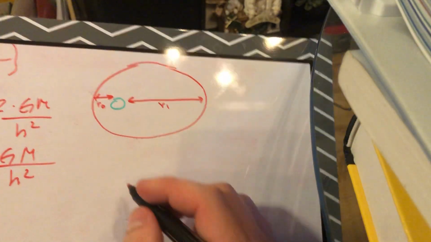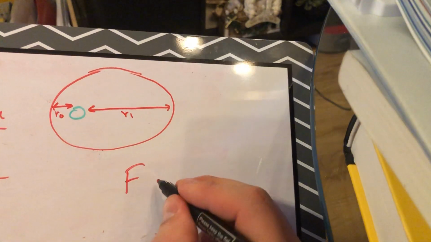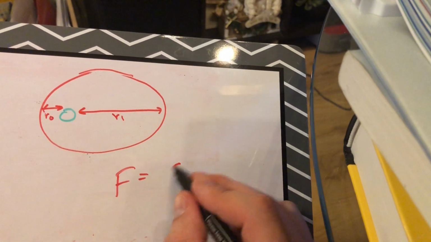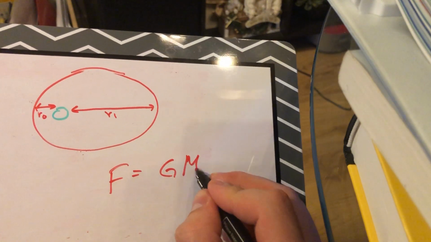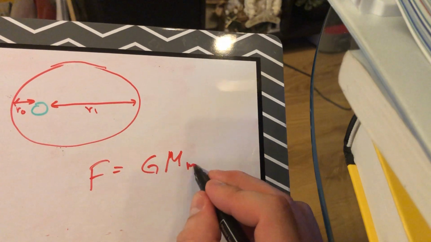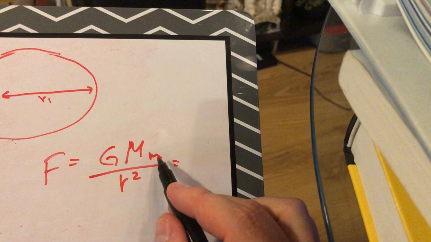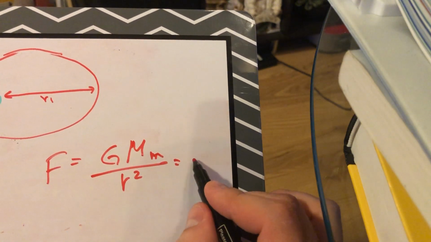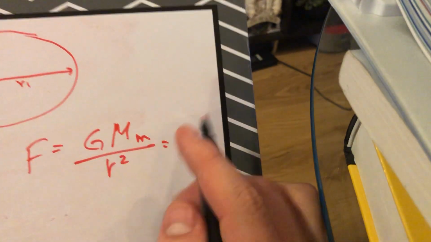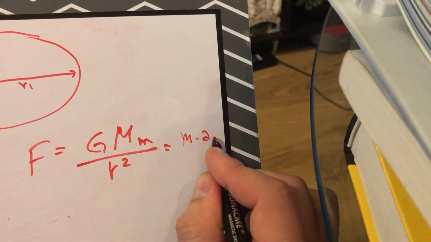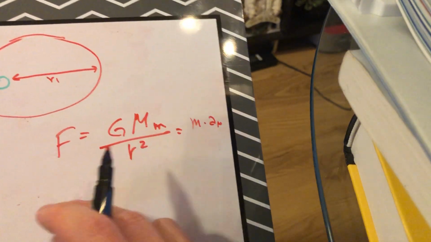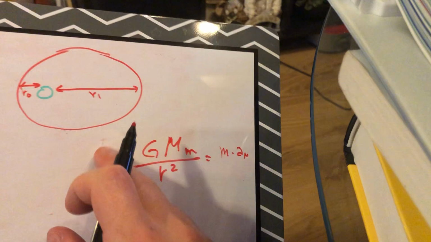And we also know from other equations that the force is equal to the gravitational constant times the mass of the big one times the mass of the little one over r squared, and that is going to equal mass times acceleration, so we can get rid of that.